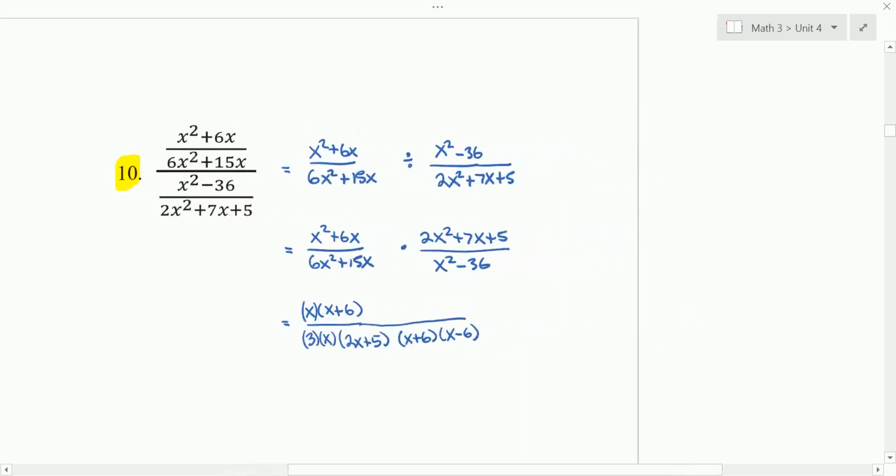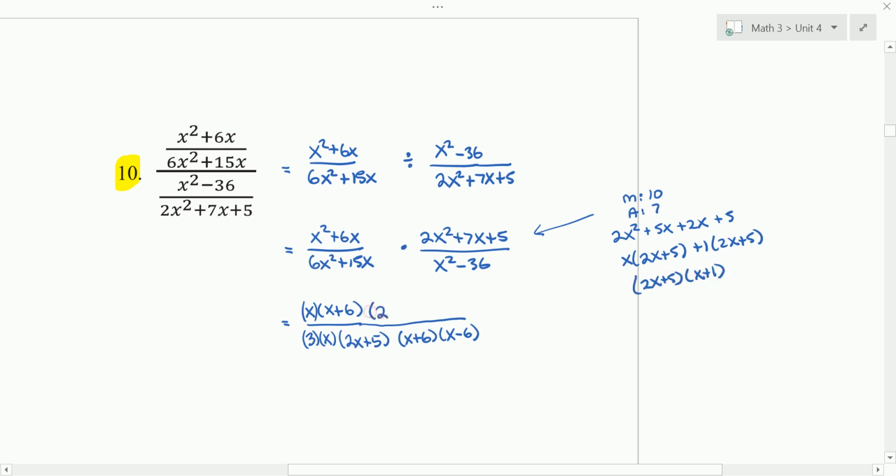And lastly, the top part here, we're looking for two numbers that multiply to 10 and add to 7, 2 times 5, so we split it up to 2x squared plus 5x plus 2x plus 5. And I could factor out of the first two terms an x, and I get x times 2x plus 5 plus 1 times 2x plus 5, and then factor out the 2x plus 5, and you're left with x plus 1.